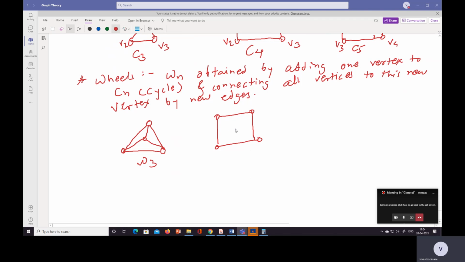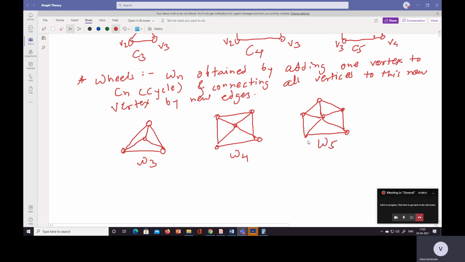This is C4 and we add one more vertex to this C4. It is called W4. Then C5. So we add one more vertex here and it is called W5.